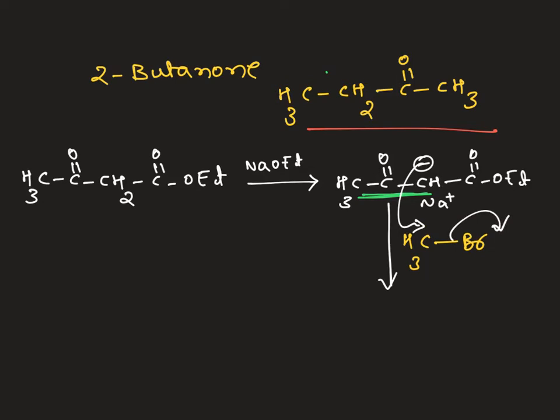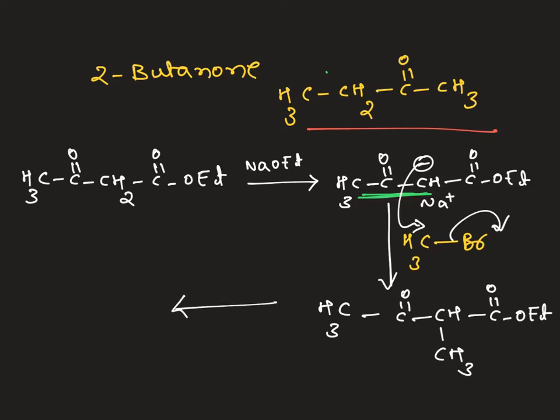I will get the substituted product of ethyl acetoacetate, and after ketonic hydrolysis we get butanone.